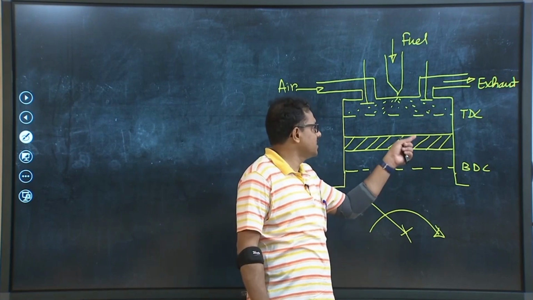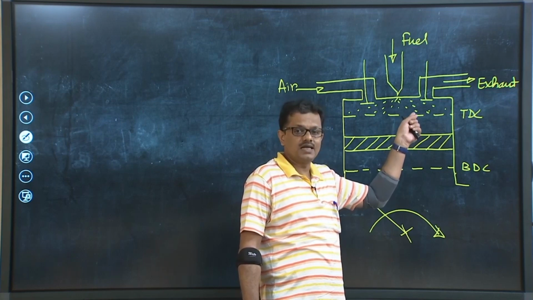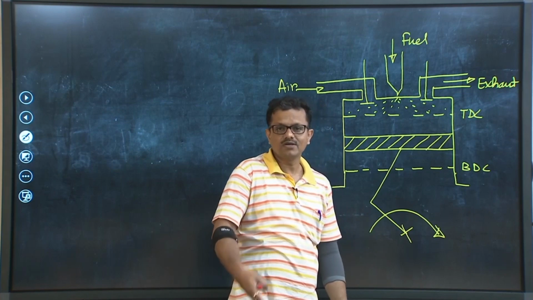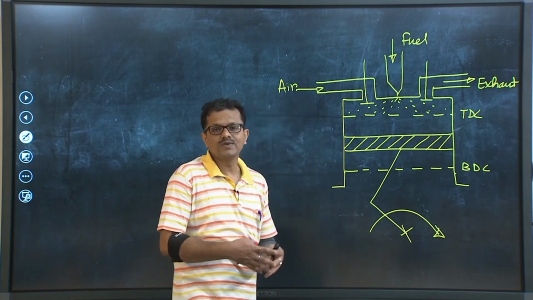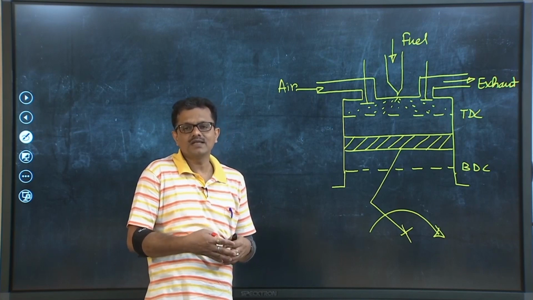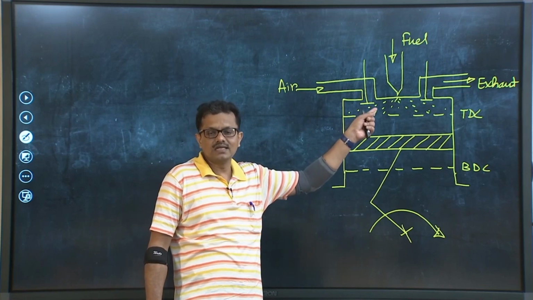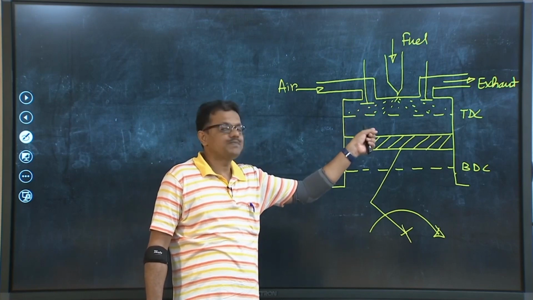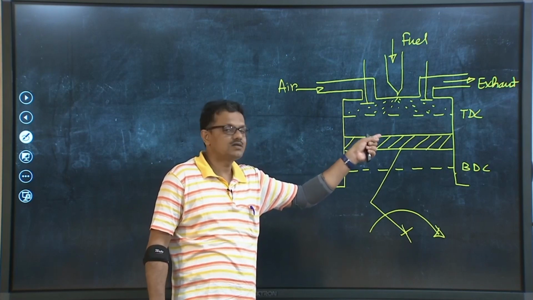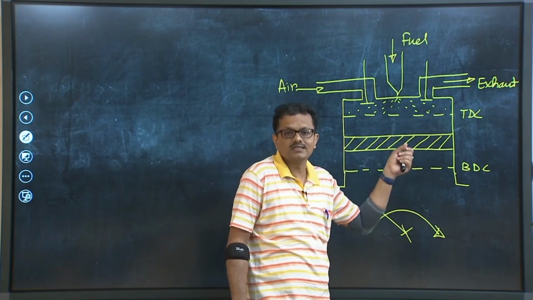So basically, after the compression stroke, combustion is completed, and the rise in temperature and pressure of the working substance inside the cylinder creates a thrust on the piston face, which is the driving force for the movement of the piston from TDC to BDC again, and that is the power stroke.